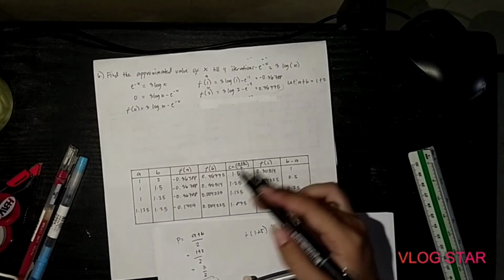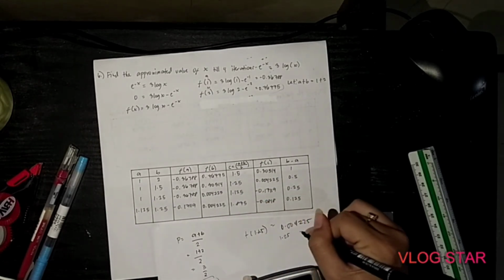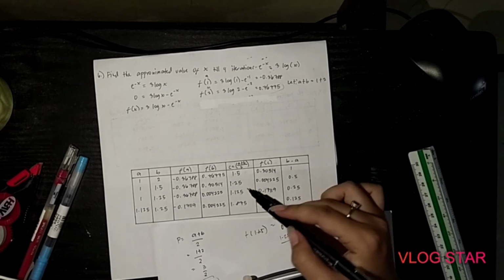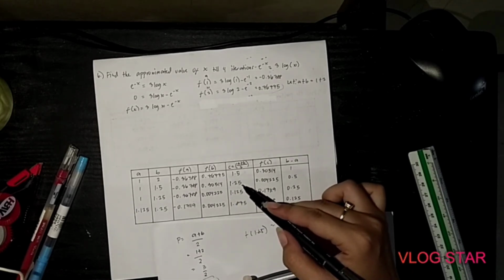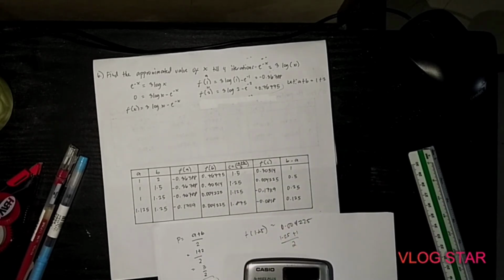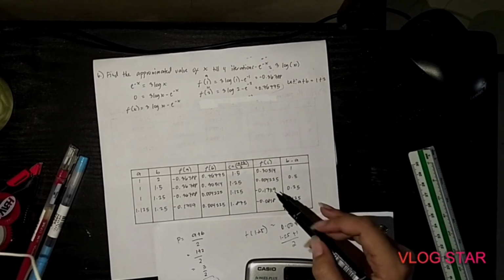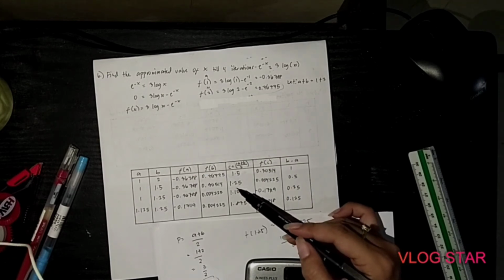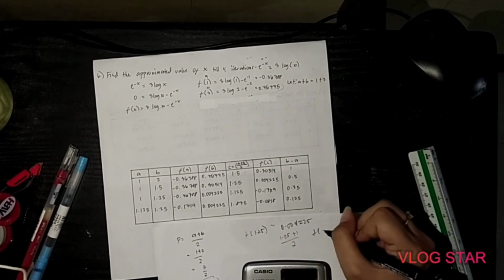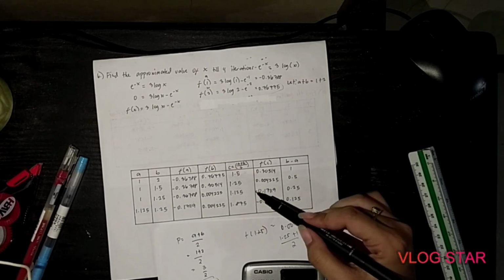This will be 1.25 plus 1 divided by 2. This will be the answer. And now we have the c. We're going to find the f of c. This will be the answer.